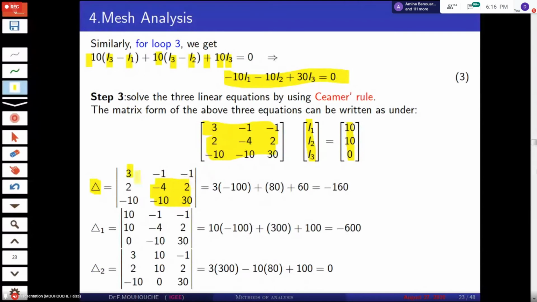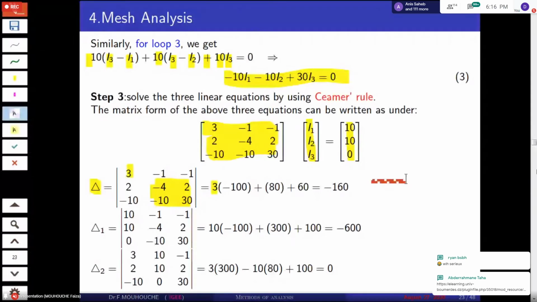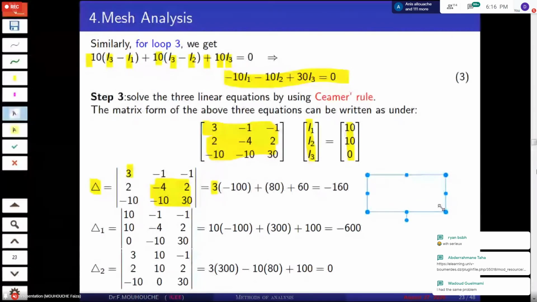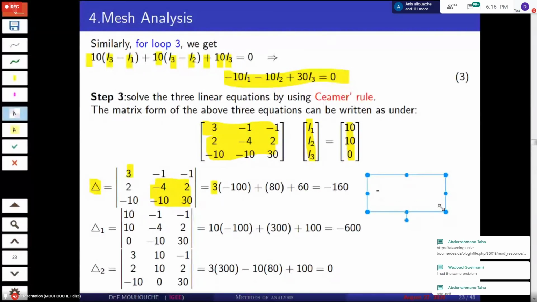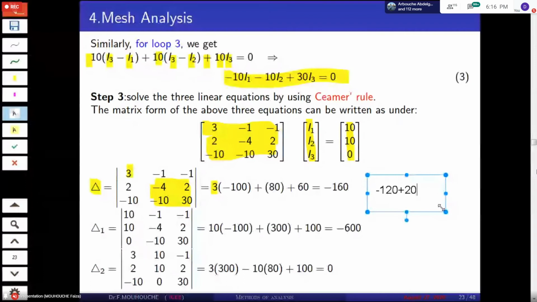So we have 3 multiplied, you can check here, minus, just 1 minute to check here. 120 plus 20 is 100, okay, it's correct.